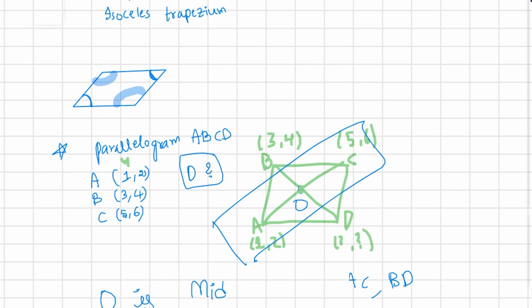Okay, let's change the coordinates of B. Let's say it is negative 1 comma 2. Yeah. So negative 1 comma 2.